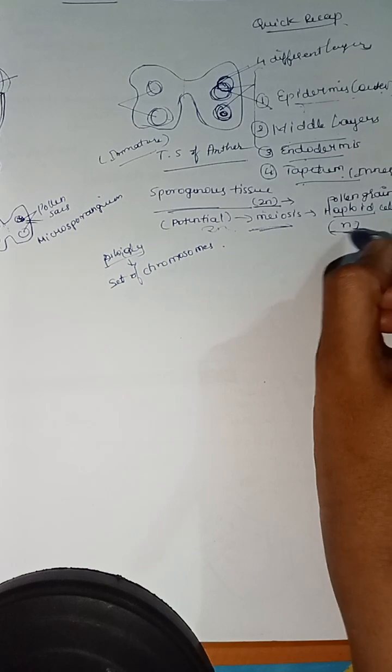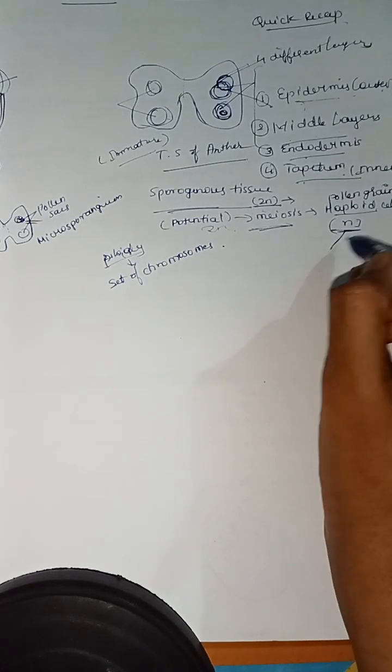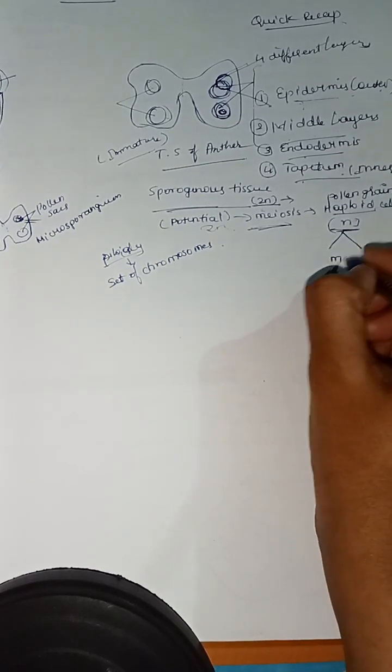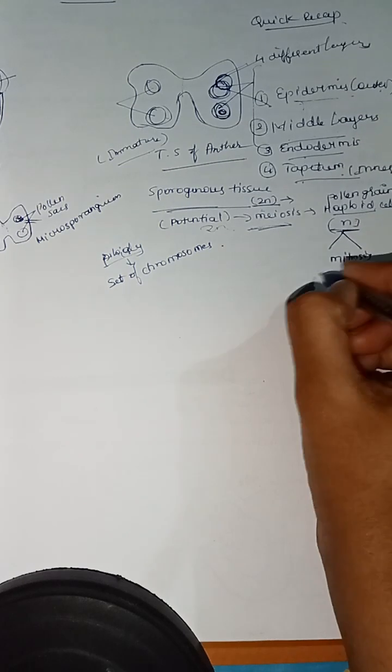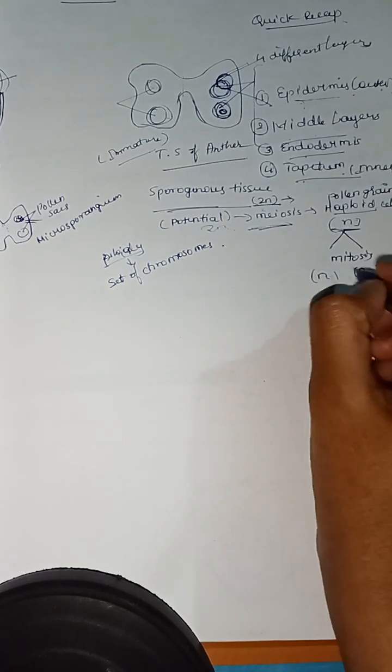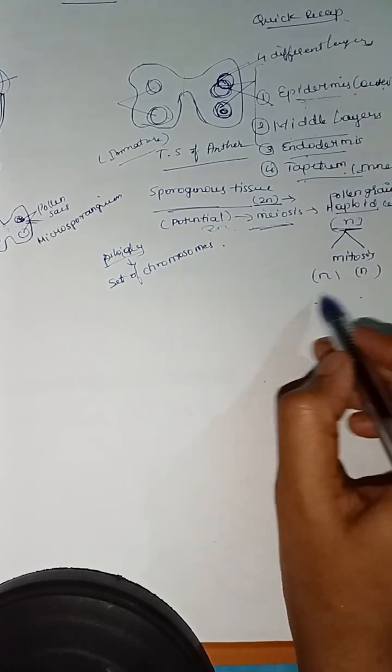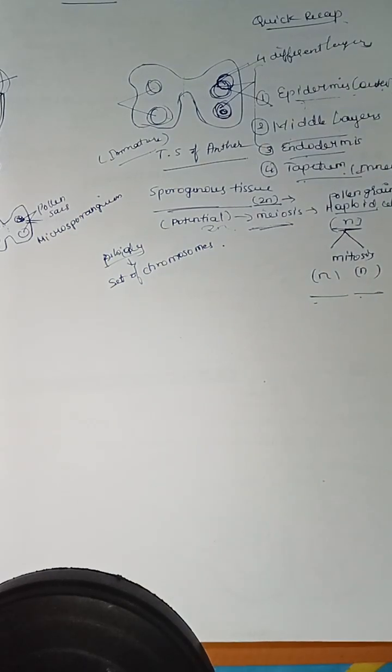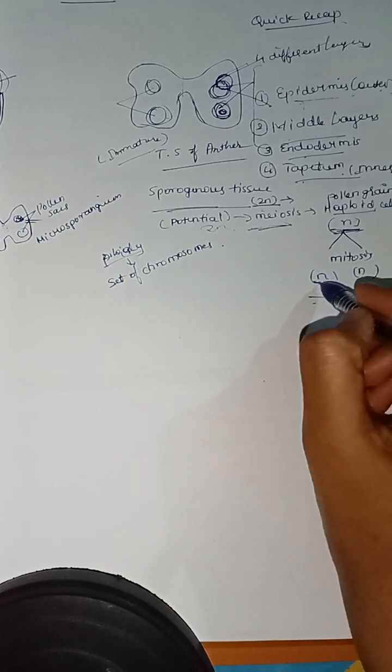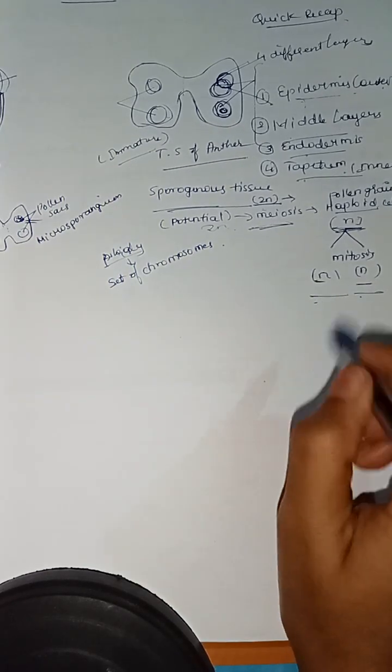The pollen grains are haploid, and they multiply by mitosis, which usually multiplies haploid to haploid and diploid to diploid. So the pollen grains are haploid and give out haploid pollen grains.